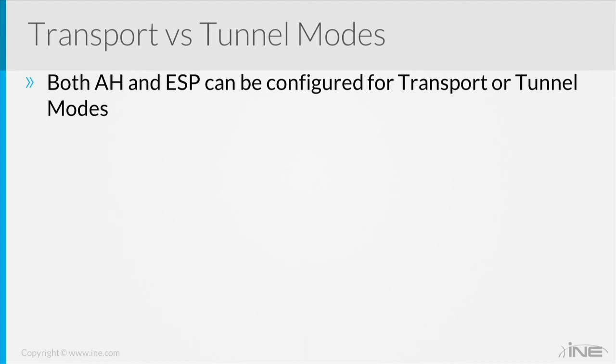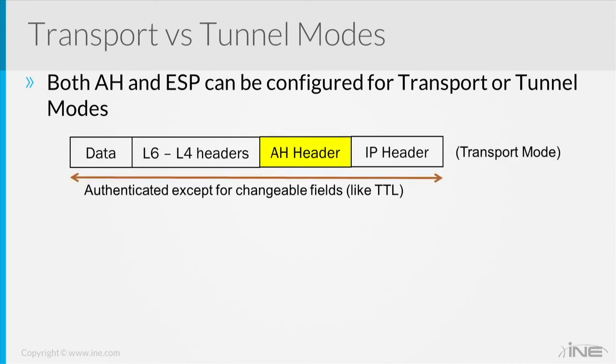As that IP packet gets put into that tunnel, or I should say gets handed to IPsec, once IPsec is done with it and then forwards the packet on into the network, do you want that original IP header of the packet exposed, or do you want it hidden? That's the main difference. Let's take a look.